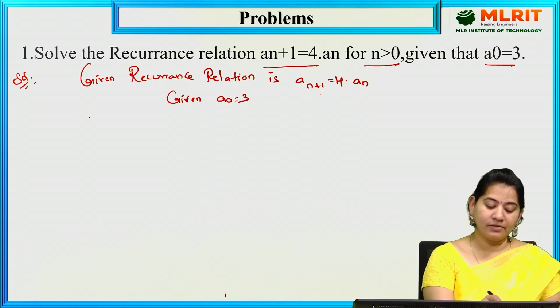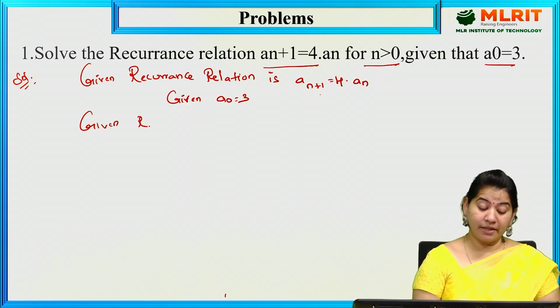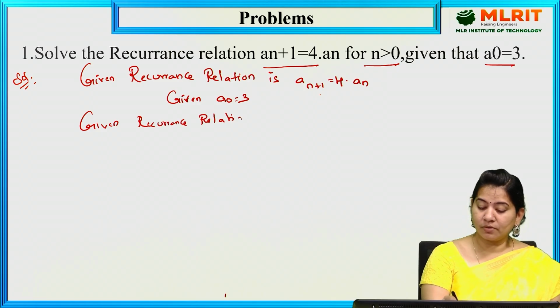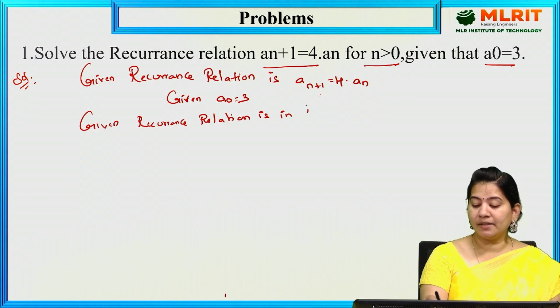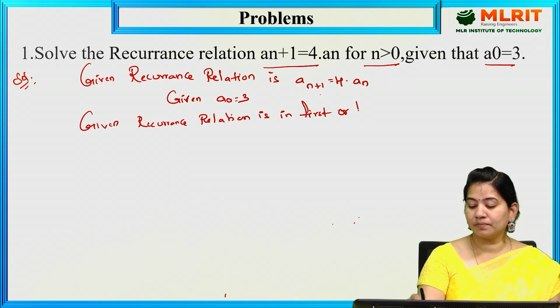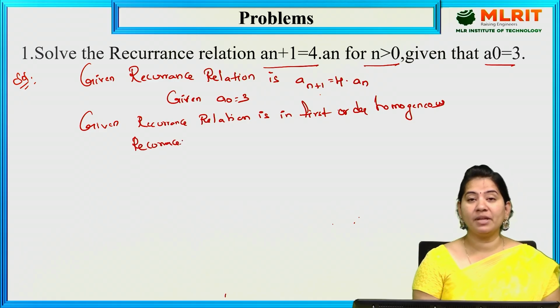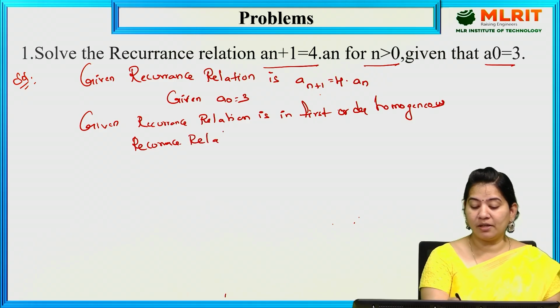As we have n+1, we can say that the given recurrence relation is a first order homogeneous recurrence relation.